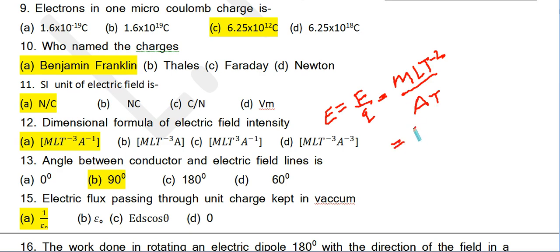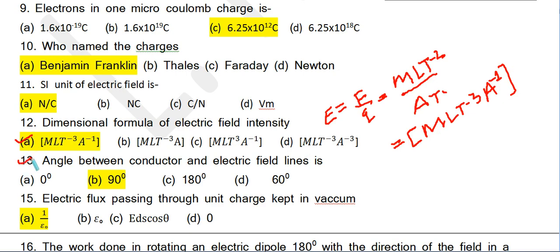Now it becomes M L, and the power of T becomes T minus 3, because the power of T is 1, and when it is transposed to the numerator its power becomes minus 1, that is minus 2 minus 1 becomes minus 3, and A is also transposed to the numerator, so its power becomes A minus 1. This is the dimensional formula for electric field intensity, and it corresponds to option A.